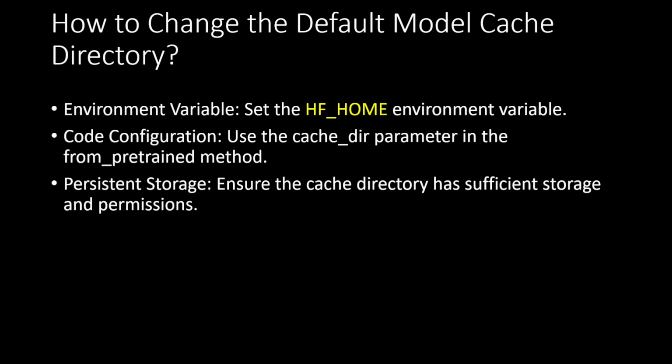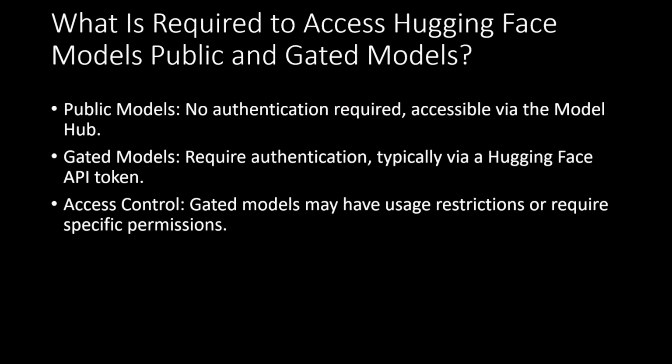One is setting an environment variable HF_HOME, a system environment variable, that will put it under a different directory other than C. Then we have a code level configuration. You can use the cache_dir parameter. Also make sure that your other directory has sufficient storage and permission.